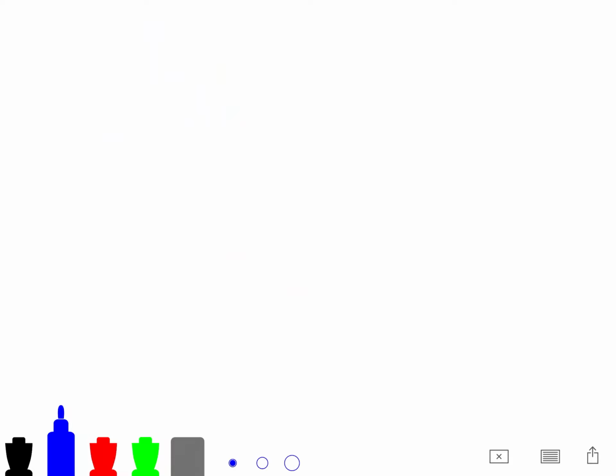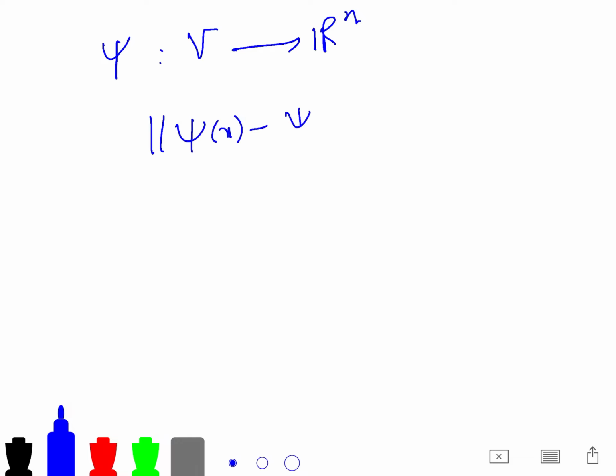And so we have a function from V into Rn, and it admits that psi of x minus psi of y squared is equal to d of x and y. So we calculate psi using SDP in polynomial time.